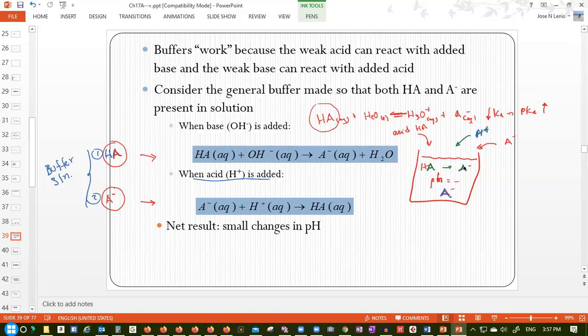Very little of this green A minus is coming from here. That's why you need to add extra from a different source, like an actual salt. And that is the blue A minus.